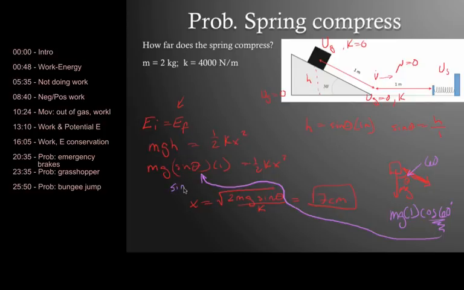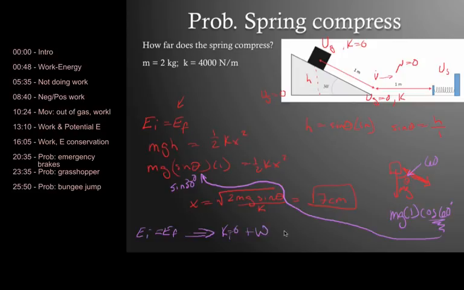Sine 30 degrees is the same as cosine 60. And so I would end up getting the same thing here, if I look at my energy initial is equal to energy final. When I plug this in, I have no kinetic energy initially. That guy is 0.